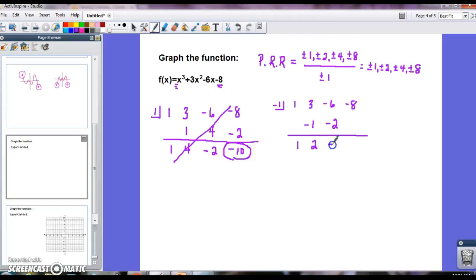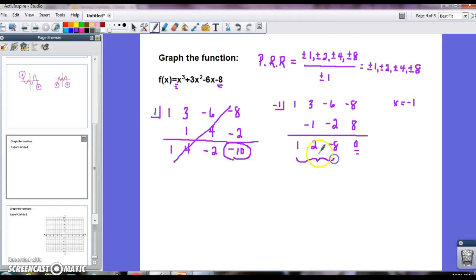Add those together, I get negative 8. Negative 1 times negative 8 is positive 8, and when I add those, I get 0. Bingo, I found a root. Okay, so I know that one of my roots or one of my zeros is negative 1. So I have x is equal to negative 1. I know that's one of them.